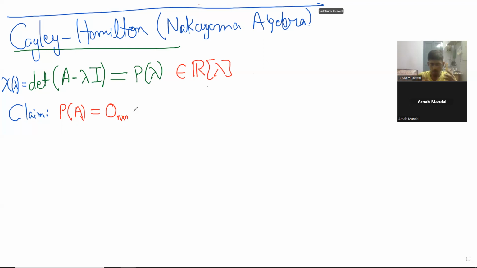Like, the determinant just gives you a number. One can explain this by saying that something is not a ring homomorphism.